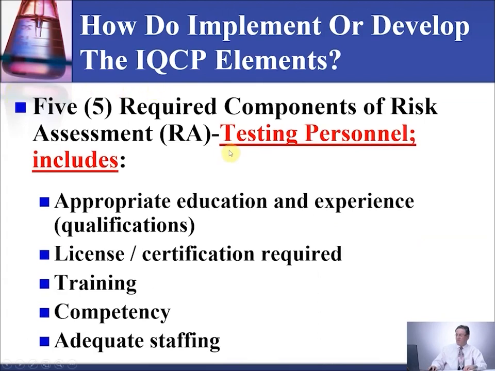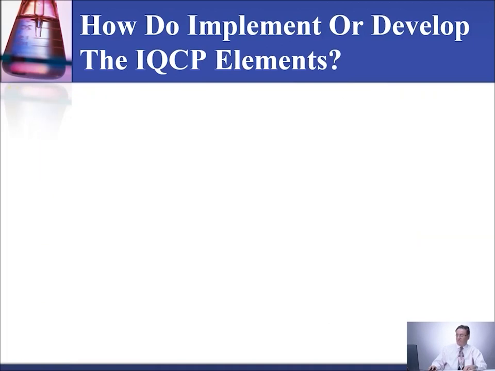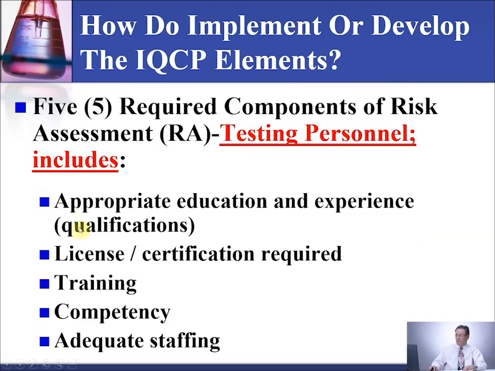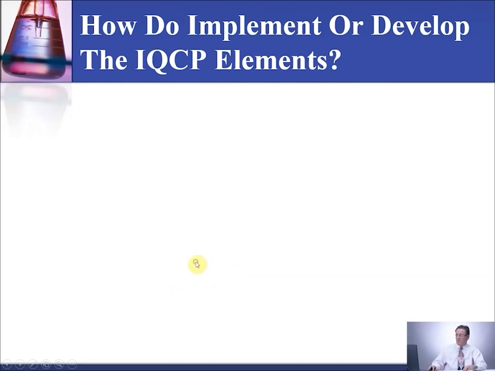Next, you need to look at testing personnel, and under that you need to assess the appropriate education and experience or qualification of the staff. Need to look at license or certification required, training, competency, and adequate staffing.